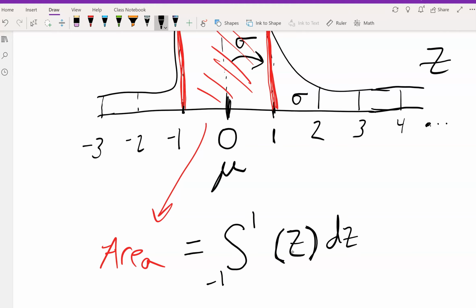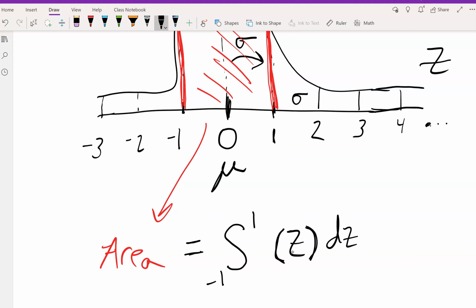But the ability to do this integral is very limited unless you've done some Calc 2 and some Calc 3. It all depends on when you've learned about Taylor series and understand how to do improper integrals. If you've learned how to do that, then you can integrate this. If not, this integral is very, very cumbersome to do unless we have a trick, and that is called a computer.